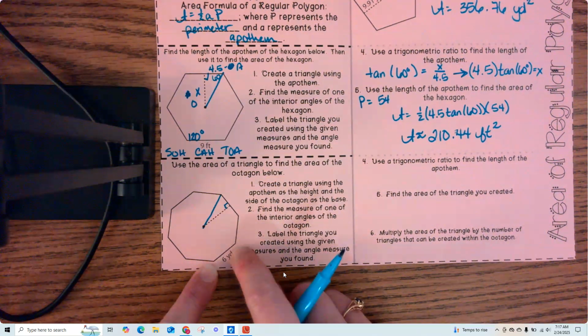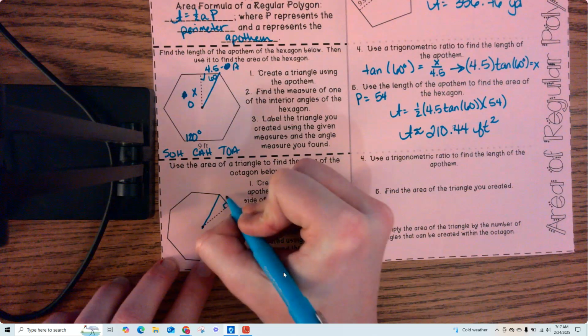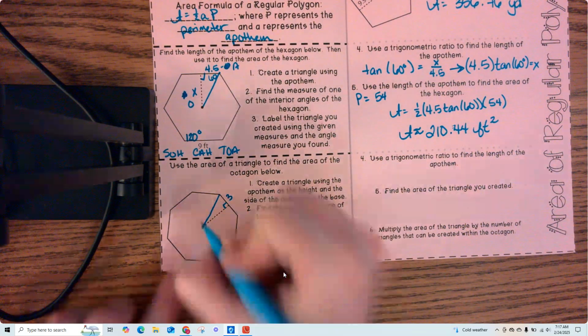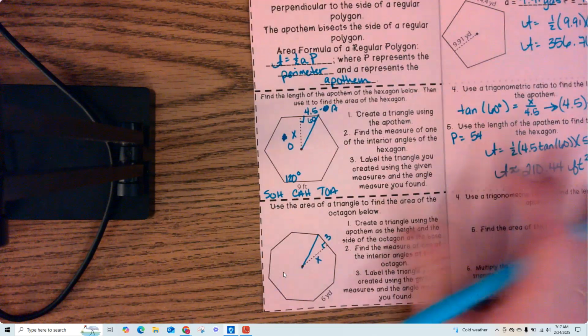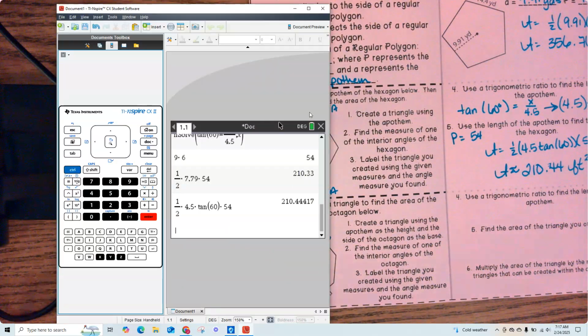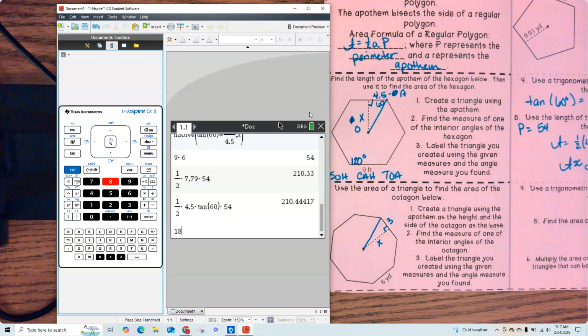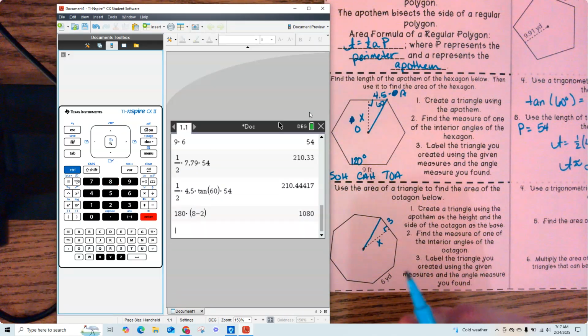If it's 6 yards all the way across, halfway across, this side of the triangle is going to be 3. We're looking for the length of the apothem, and we need that angle measure. So that angle measure is going to be 180, this is an octagon, so it has 8 sides, so 8 minus 2, and then divided by 8.